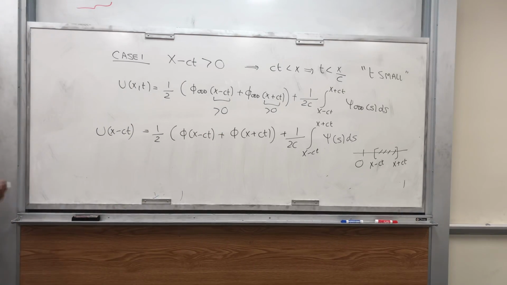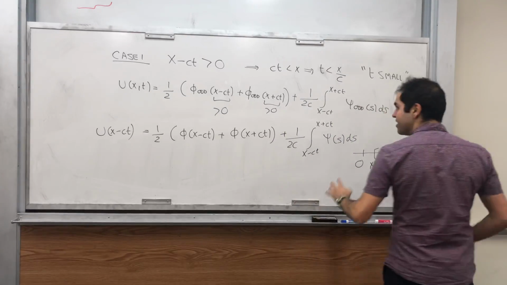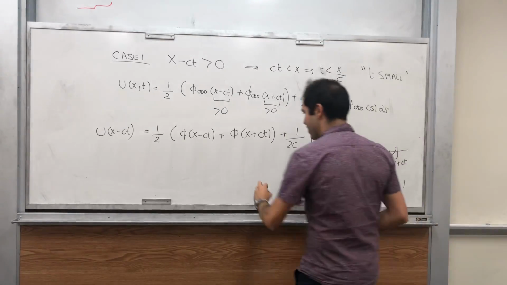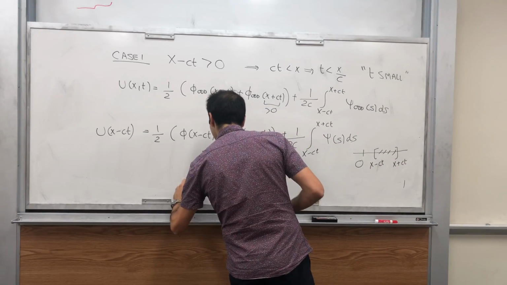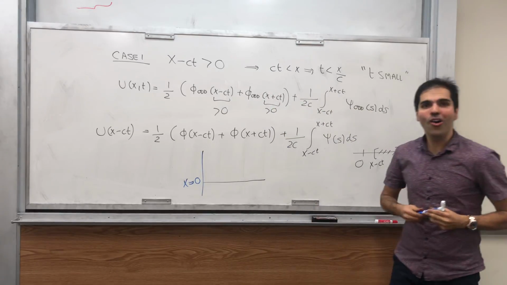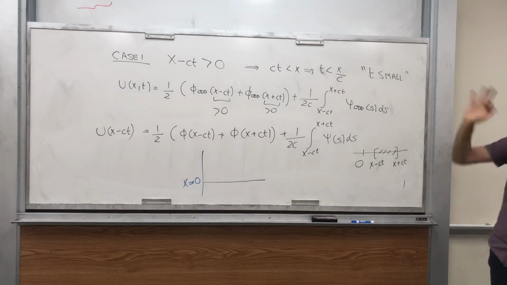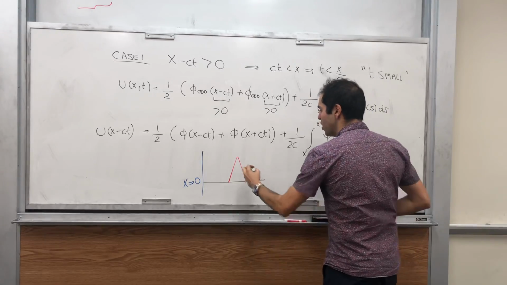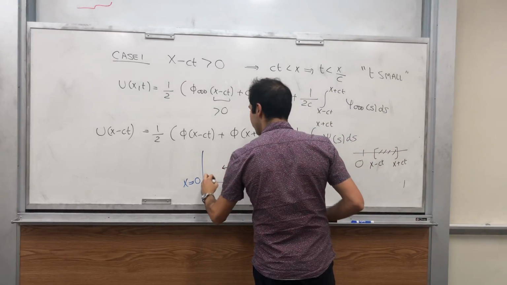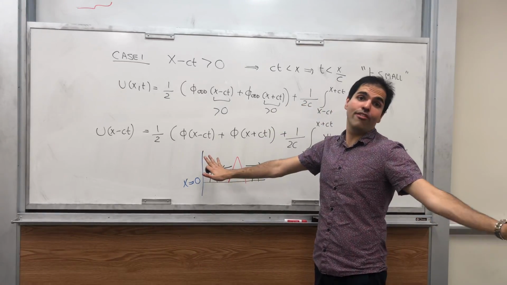So this is the explicit formula for the first case. If t is small, you may notice, I hope you do, that this is just the usual d'Alembert's formula. So what is this saying? Just like we predicted, if we have this wall, and we start with a wave, this one splits up to the right, this one splits up to the left, well, for small time, nothing different should happen.